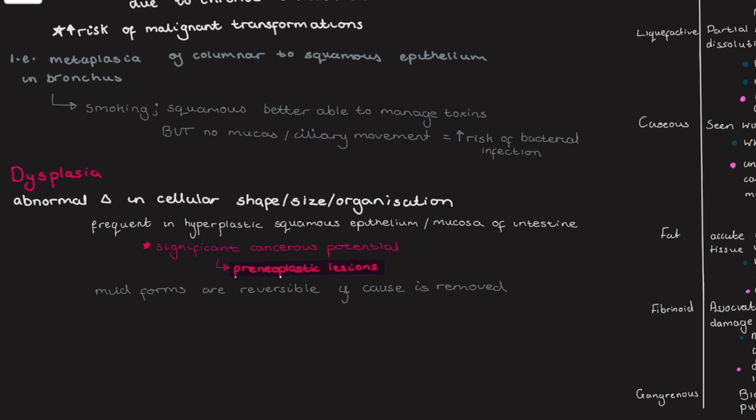It occurs most frequently in hyperplastic squamous epithelium, but is also seen in the mucosa of the intestine. Dysplastic cells have significant potential to transform into cancerous cells and are usually regarded as pre-neoplastic lesions. Mild forms of dysplasia may be reversible as well if the cause of the change is removed.